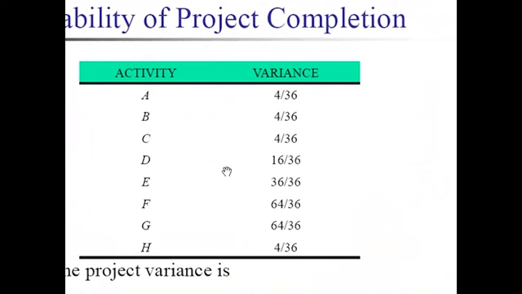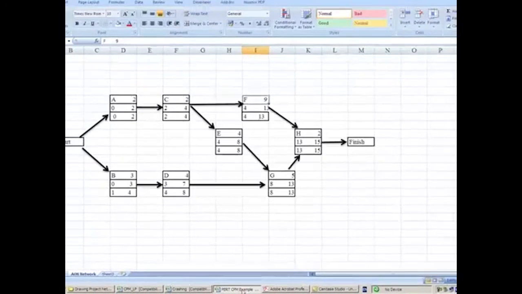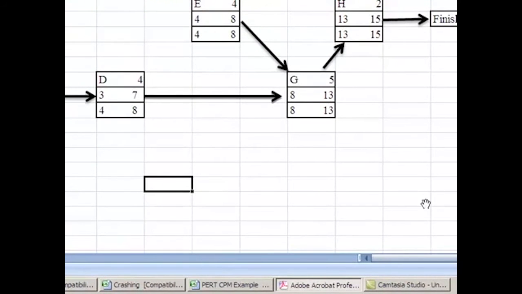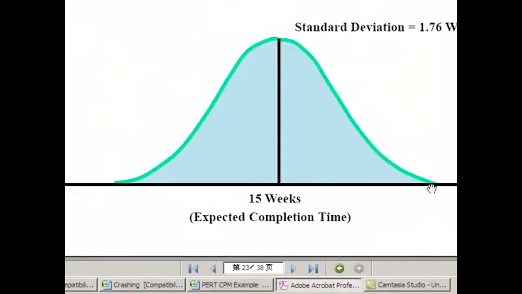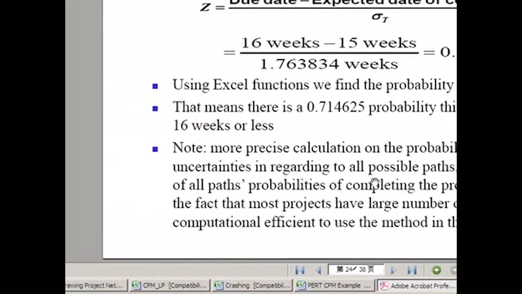based on the variance of all those critical path activities, the project variance is calculated as 112 divided by 36. So this is our project variance. To calculate the probability that this project can be finished within, let's say, 16 weeks, because the expected time to finish this project, as we calculated using the CPM method, is 15 weeks.